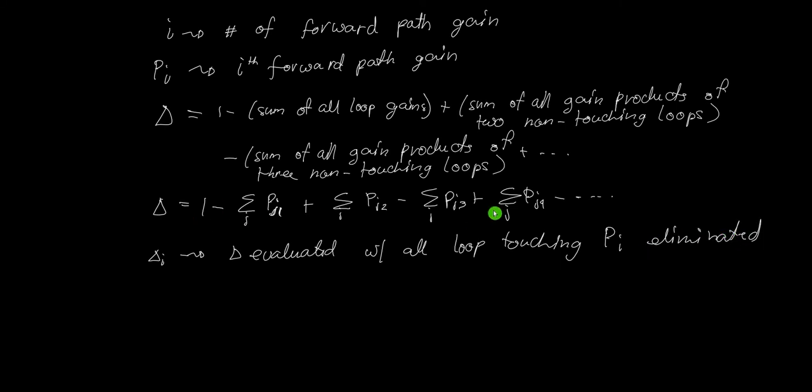So take this delta and remove all the loops that are touching the forward path. And usually the answer for this delta_i is just 1, because most of the time the loops are touching the forward path. So these are the variables here.